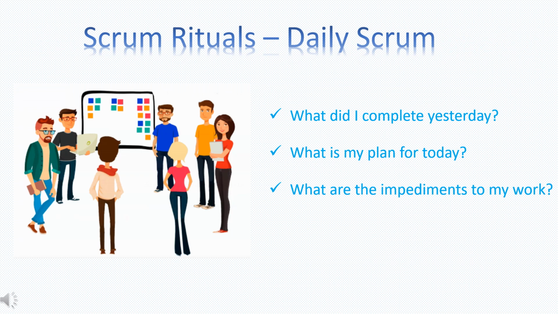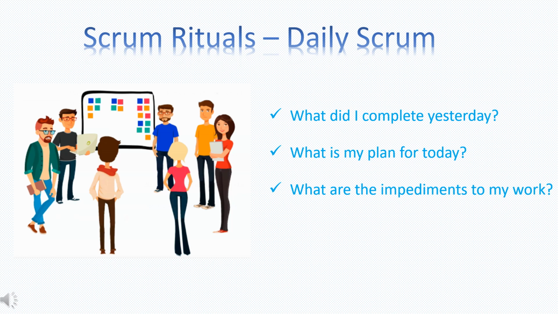The daily scrum is a time box meeting no longer than 15 minutes. It's used by the development team to synchronize their activities and create a plan for the next 24 hours. This is accomplished by each of the development team members answering three questions: what did I do yesterday, what am I going to do today, and what are my impediments.